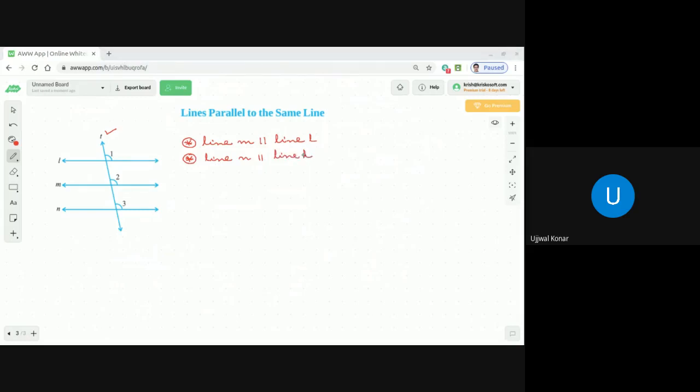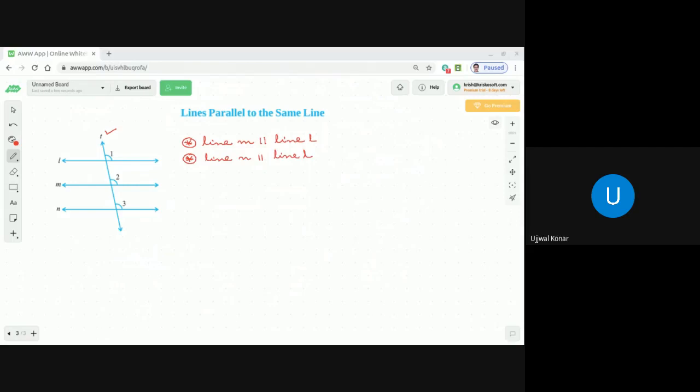Definitely, as you see the angles I have marked 1, 2, and 3, angle 1 is equal to angle 2 and angle 1 is equal to angle 3. And why are you able to say this?